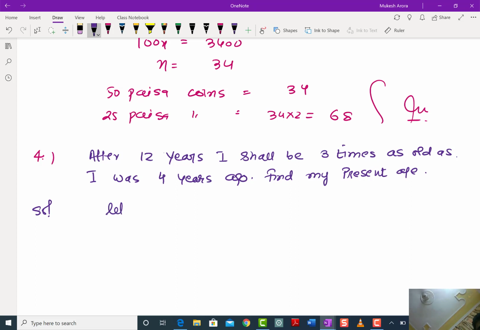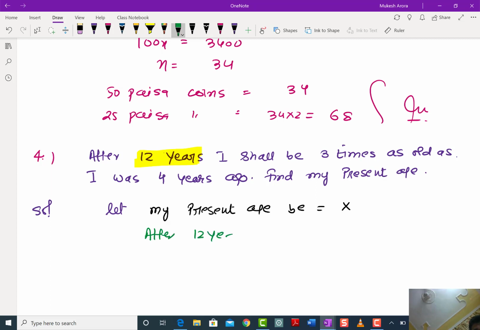Let my present age be x. So read the question. After 12 years, I will be x plus 12. And 3 times as old as 4 years ago. 4 years ago, I was x minus 4. What is the relationship?